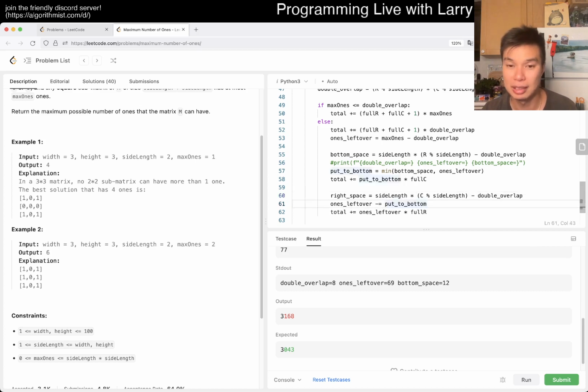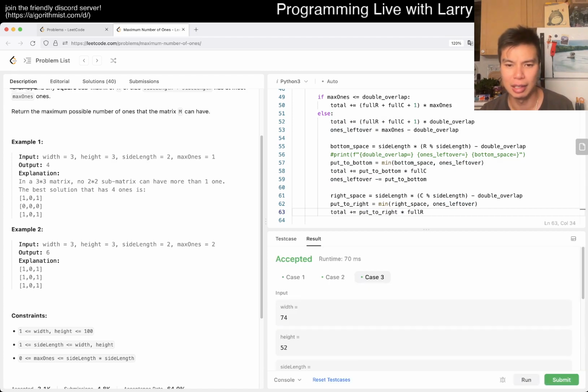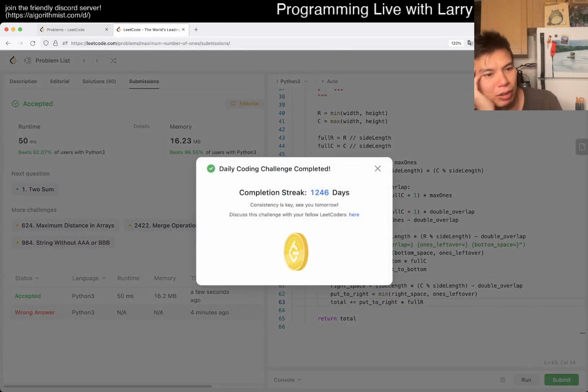So we move that first, and then put to right is equal to min of right space and ones left over. I was just being lazy, to be honest. I thought that made it constrained, but I was wrong, and now it works, at least for that test case. That was a silly optimization, that's all.